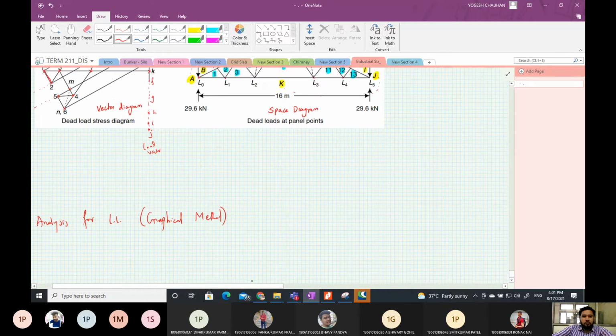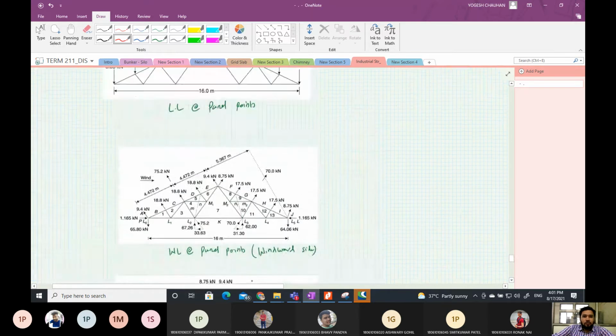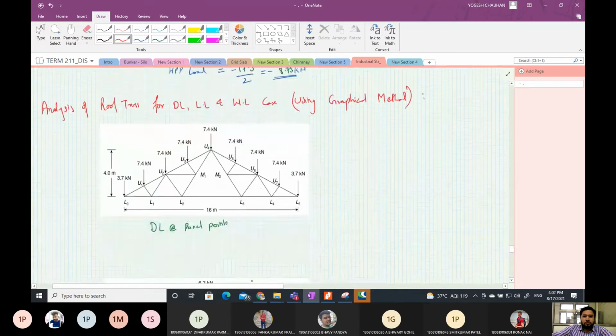See here, there is an option for you. You can have a unit load diagram.